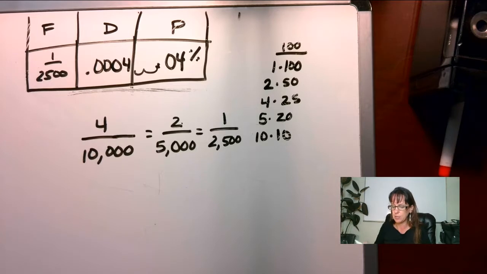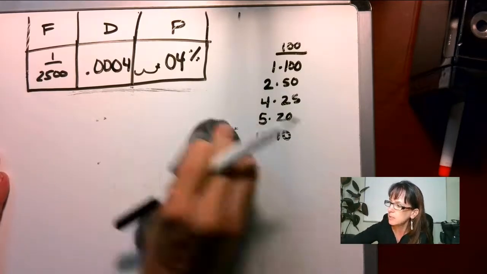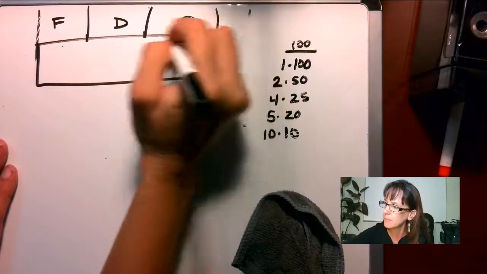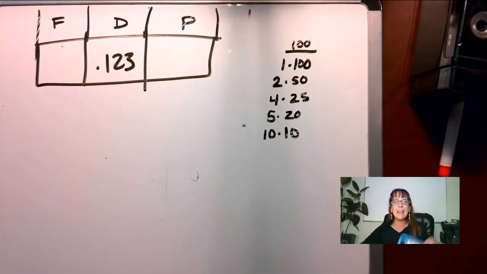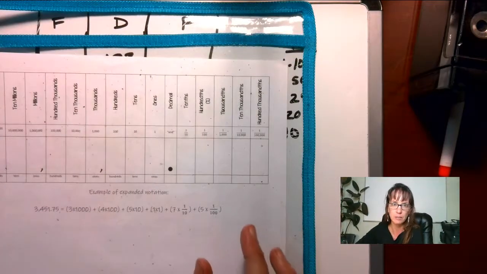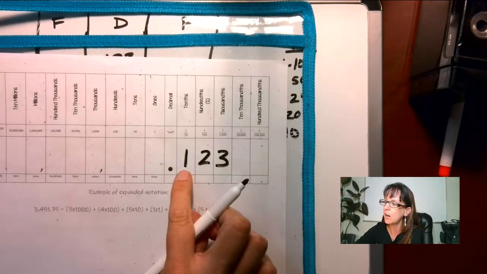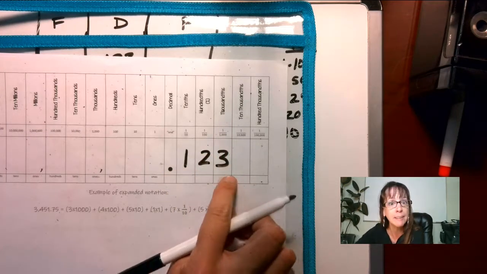Some of the other ones, let's do, if you get a decimal that says 0.123, just like the last one, put that in your nifty chart here, okay? And you do 1, 2, 3. So 0.123, it's 123 thousandths.